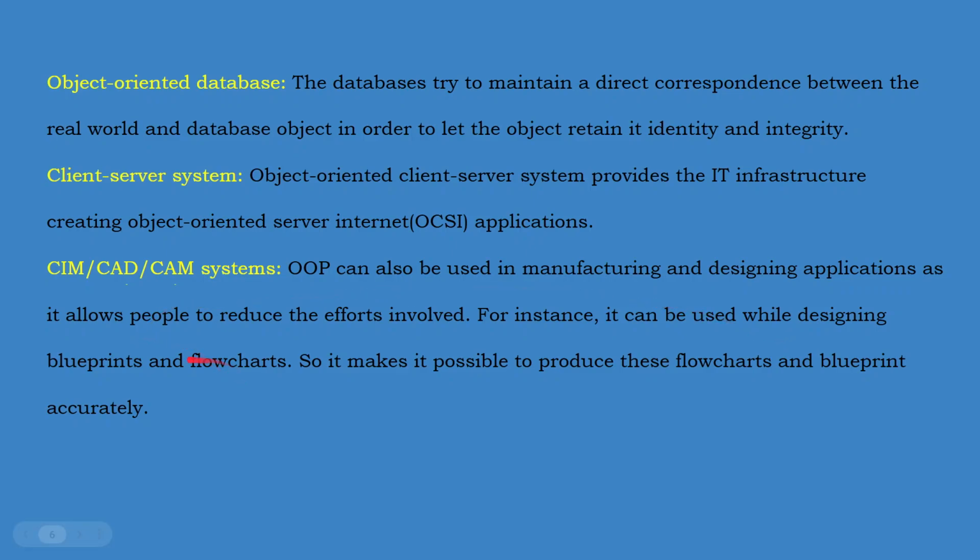We always create flowcharts or blueprints as a model of the work to be done, which serves as a base to create the model above. For the creation of these basic blueprints or flowcharts, these systems CIM, CAD and CAM help a lot. It makes it possible to produce these flowcharts and blueprints accurately, and based on that the model can be built very efficiently. So these are all applications of OOPS.